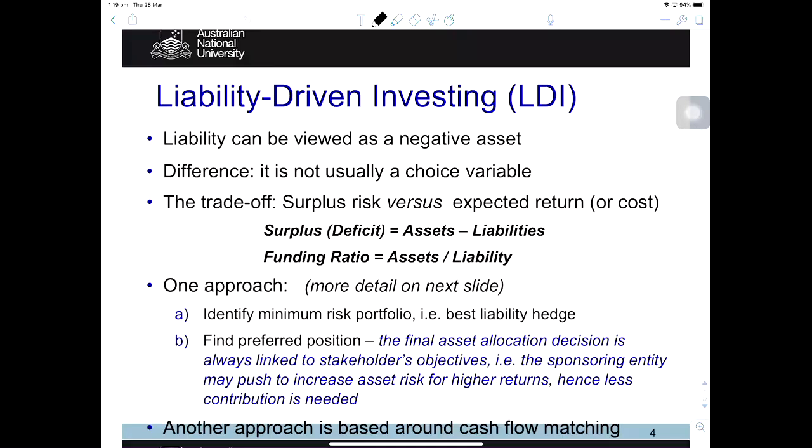And if you're interested, you might go back to 2007, 2008, and 2009 and have a look at the funding ratio of the Telstra DB fund. You will find the net value, the difference between the defined benefit assets and liability, changed dramatically over the 3 years.